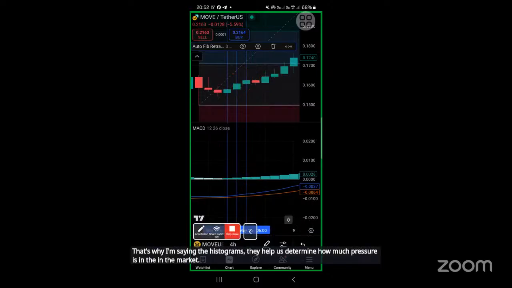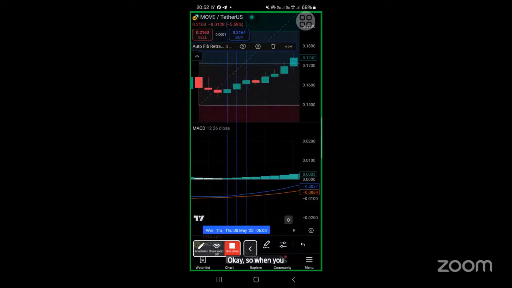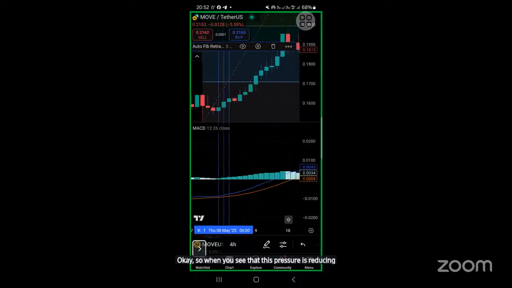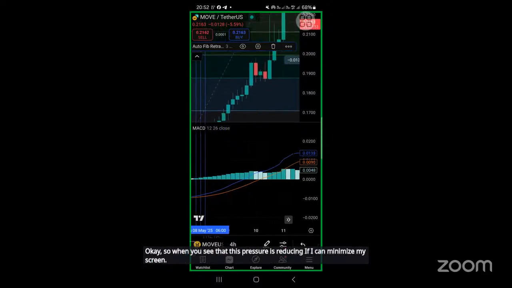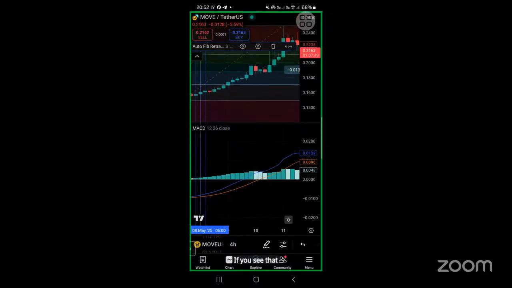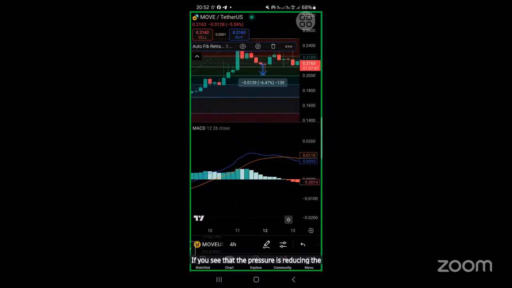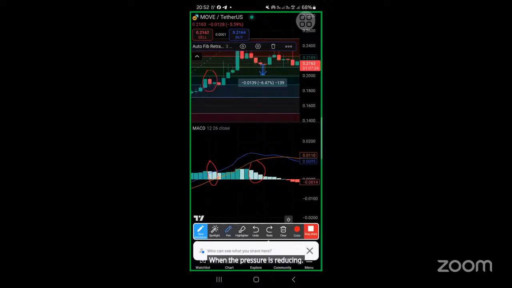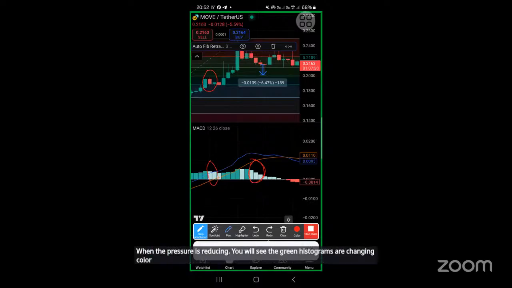So when you see that this pressure is reducing, you are going to see the green histograms start changing their color to light green. When the pressure is reducing, you will see the green histograms changing color to light green.